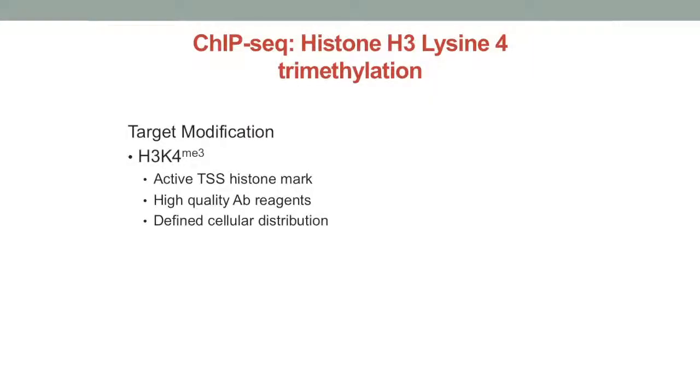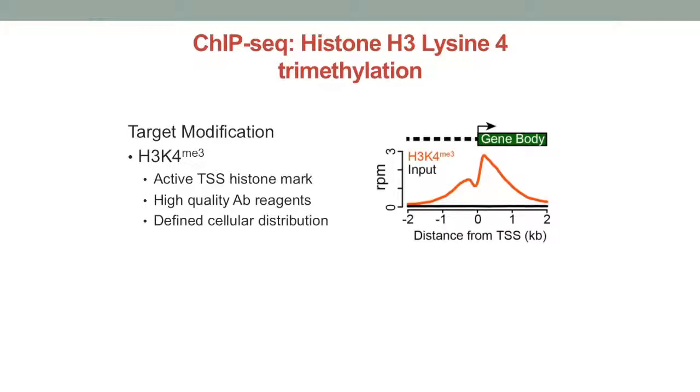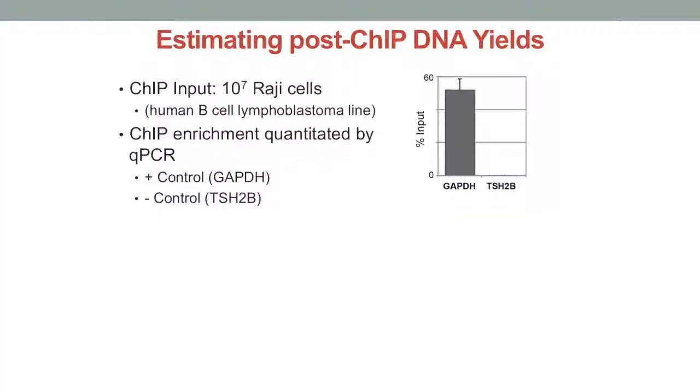We started performing some ChIPs in the lab, and we're going to use H3K4 trimethylation. It's a histone mark that's at all active transcription start sites. It has extremely high quality reagents and a very defined cellular distribution at transcription start sites, which will allow us some nice QC metrics down the line. When we do the ChIP for this mark in Raji cells, we get very nice enrichment at positive control loci and nothing at negative control loci.